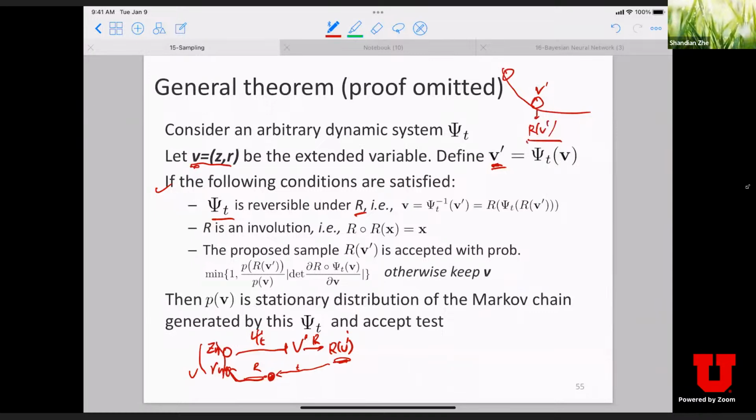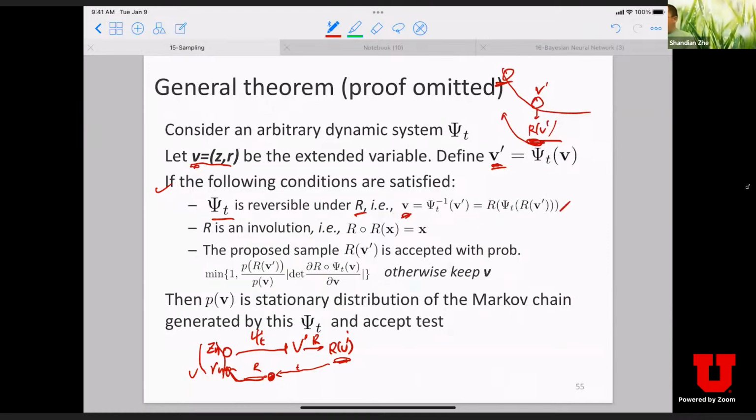Then if I use this as my initial state, evolve my system again with the same amount of time, and apply R again, I can recover my original state V. That's called reversibility. It means the R operation reverts this process exactly back to the original state, and this is key to showing the detailed balance.